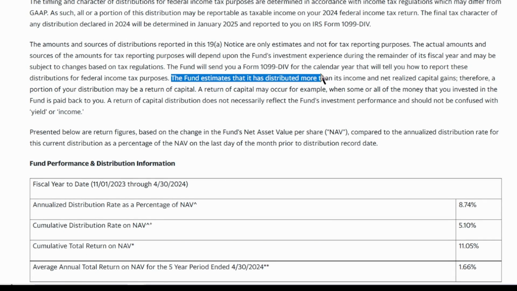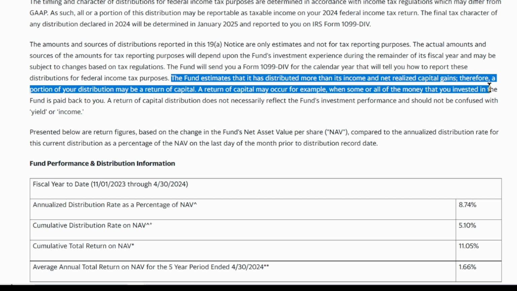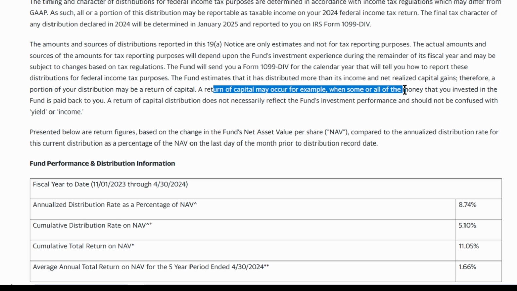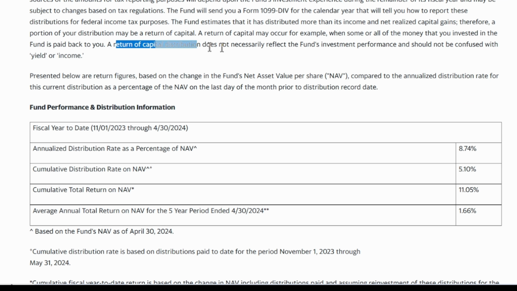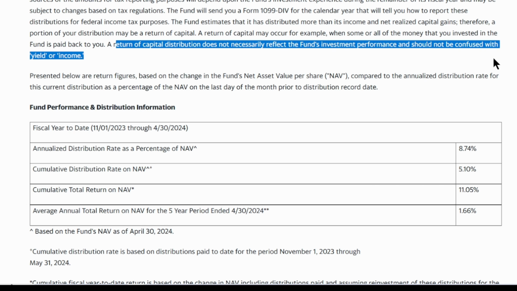So here it says the fund estimates that it has distributed more than its income and net realized capital gains. Therefore, a portion of your distribution may be a return of capital. So a return of capital, for example, may occur when some or all of the money that you invested in the fund is paid back to you. A return of capital distribution does not necessarily reflect the fund's investment performance and should not be confused with yield or income.